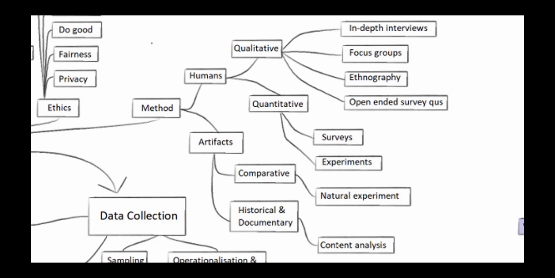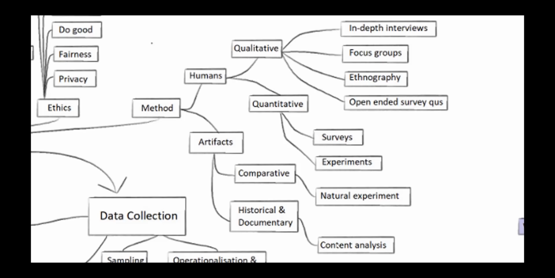When we're talking about methods, try to understand that the words sound very similar, but they mean very different things. Qualitative comes from the word quality, and qualitative data means words or images, things that can't be broken down simply into numbers, but instead stay as words and images when you conduct analysis on them.